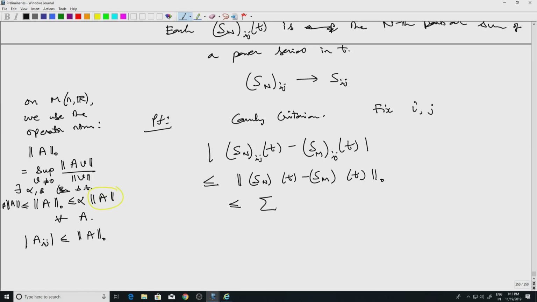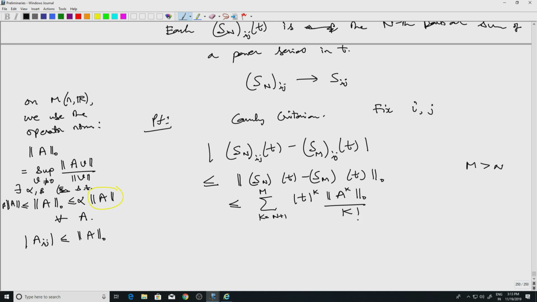So I'll get less than or equal to the summation, assuming m is bigger than n, from k equals n plus 1 to m of modulus of t to the power k, times the operator norm of A naught to the power k, and then I still have this k factorial.